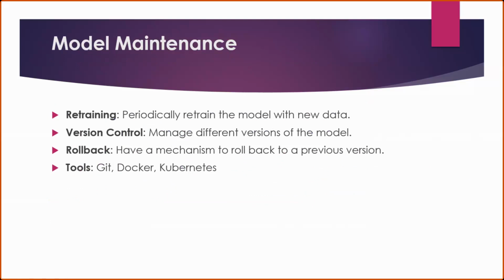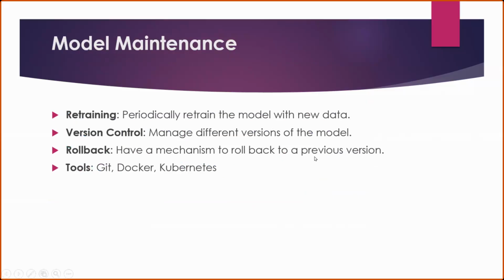Model maintenance, as I said: retraining, version control, and rollback. These are the three main things we need to keep in mind, and the tools are Git, Docker, and Kubernetes.